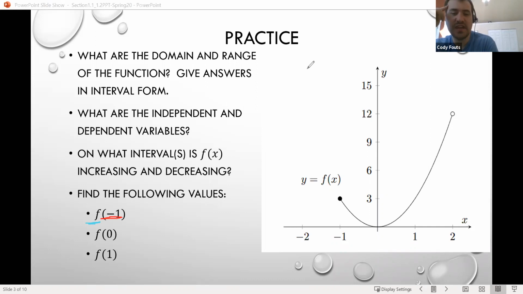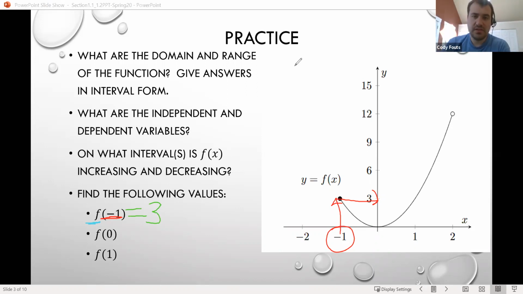So if we're asked to find f of -1, that means we need to find the output when we put an input of -1 into the function. So we go over to our graph here. Here's our input of -1. Go up to the graph, and we see that the output there, the value on the vertical axis, is 3. So therefore, f of -1 equals 3.